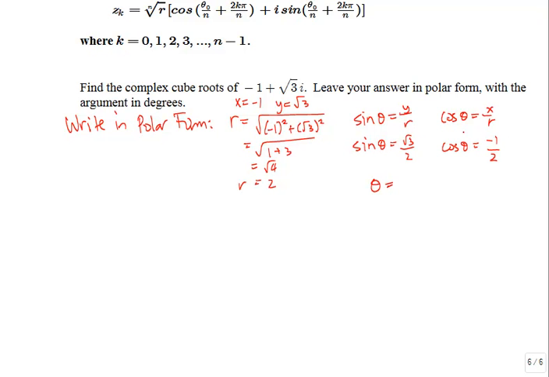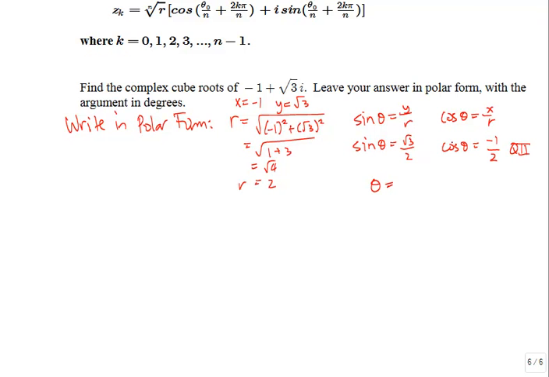First of all, what quadrant would you have to be in if your cosine is negative but your sine is positive? Well, that only happens in quadrant 2 on your unit circle when the x's are negative and the y's are positive. So we want a quadrant 2 angle, and these are nice values that you should recognize.